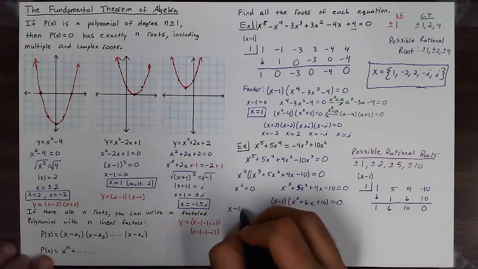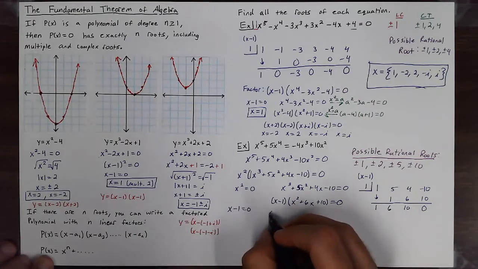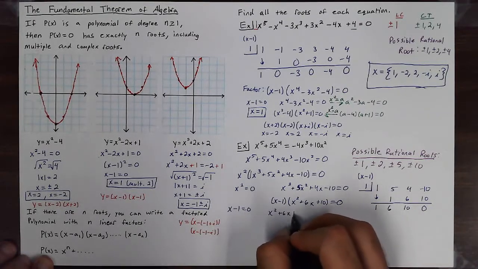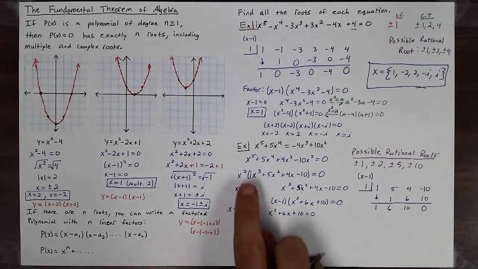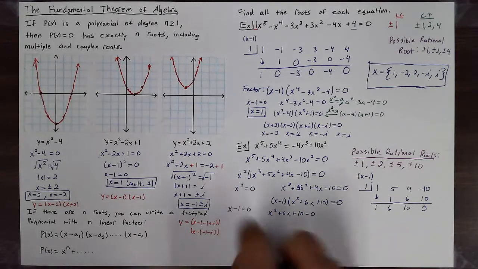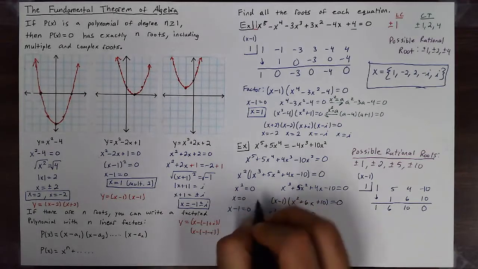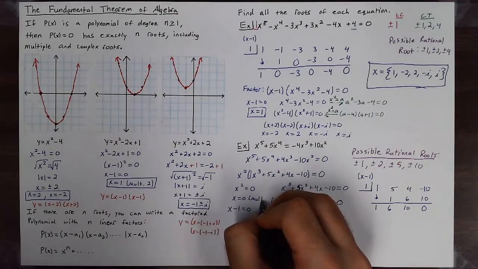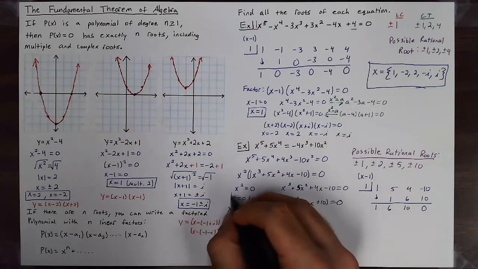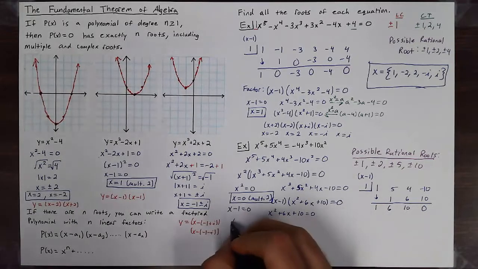So x minus 1 equals 0, and x squared plus 6x plus 10 is equal to 0. And now I can solve these 3 equations. The top equation is just x equals 0, but that factor does appear twice. So it does have a multiplicity of 2. It's a good thing to keep in mind. The other one just solves for 1, and only one of those factors.